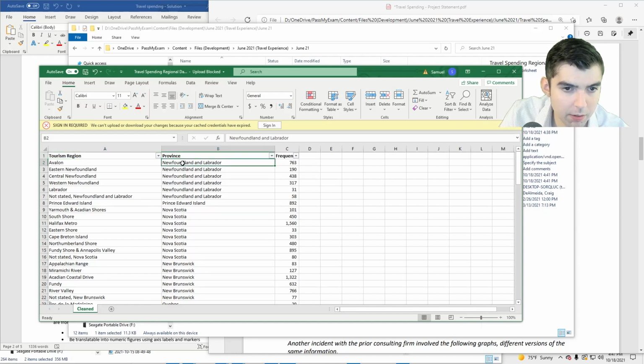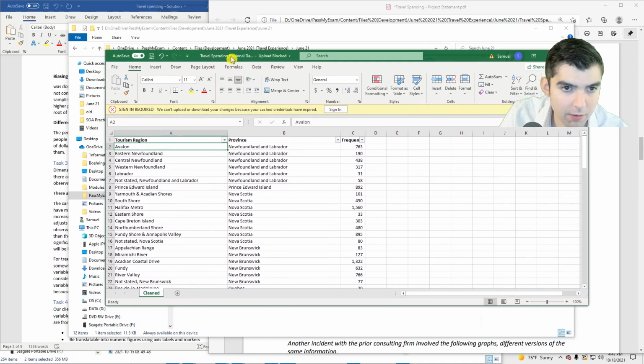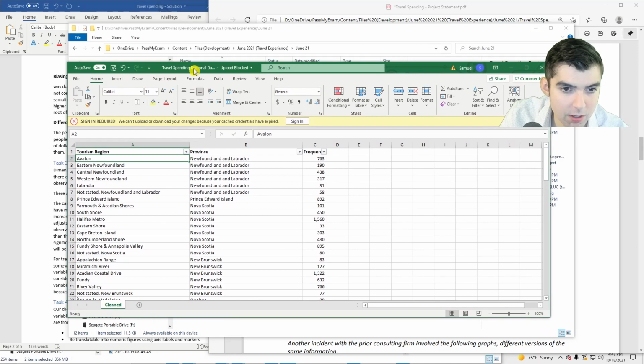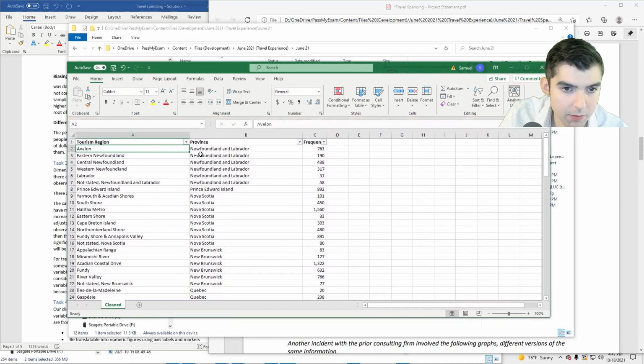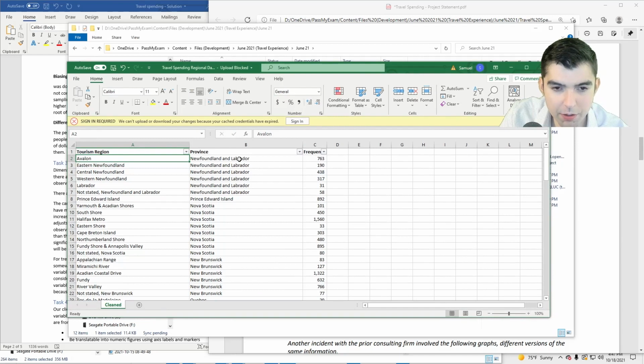The other data was trip level. So you could say that the granularity of this data set is region, whereas the granularity of the other data set is trip. You can also say that because there are multiple regions within one province, region is more granular than province.